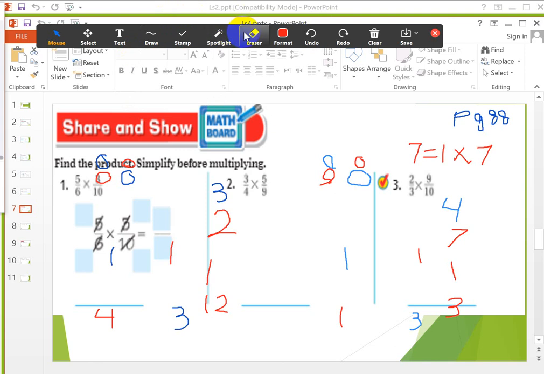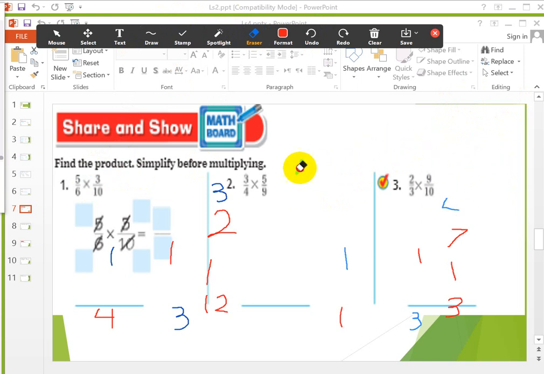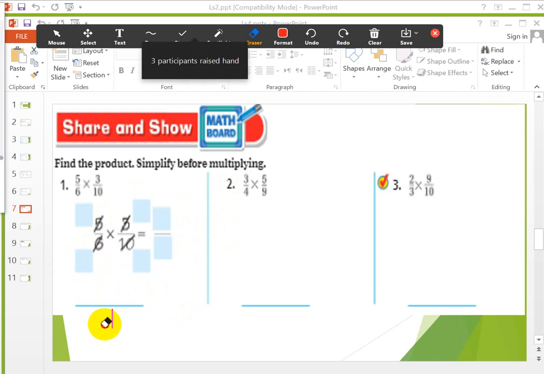Okay, page 89, and I want to find the answer for the first one. Who will help me from you? Where are you, Lena? Where are you, girls? Why didn't you share with me today? Where are you, Maria? So let's start. Find the product, simplify before multiplying.